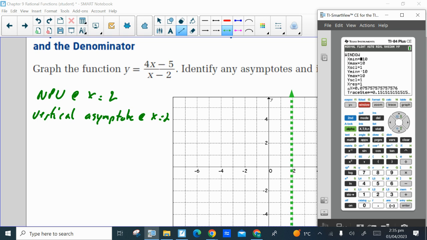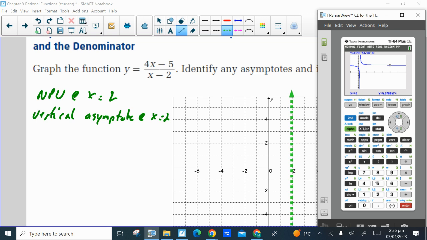So let's go here to window. Let's put our x max at, let's say, 60. And I'll change my scale to 10. So now I'll graph it, and I'll trace and there it went to x equals 25, y is 4.13. What if I let x equal 40? Y is 4.08.